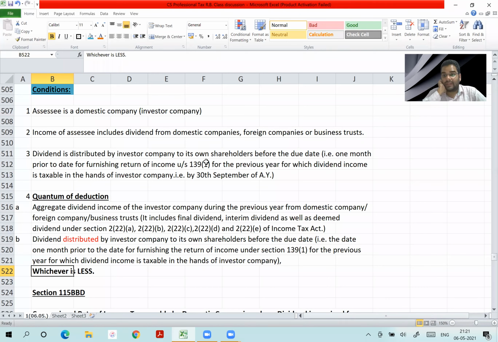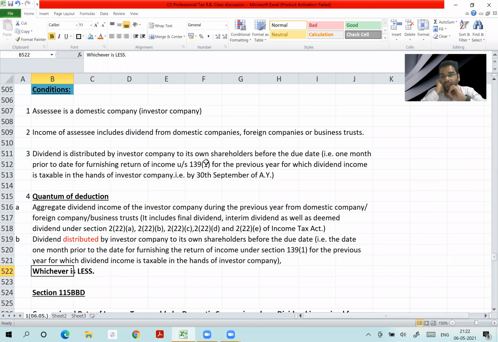Very good. Now listen what I did. I distributed to my shareholders dividend of 50 lakh rupees. So Deepika, tell me, I should get deduction under section 80M of how much amount? 40 lakhs or 50 lakhs? I should get deduction of 40 lakhs.